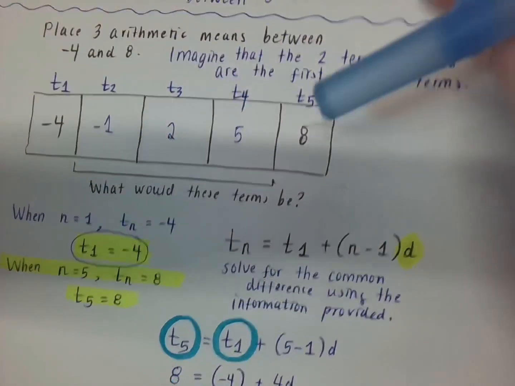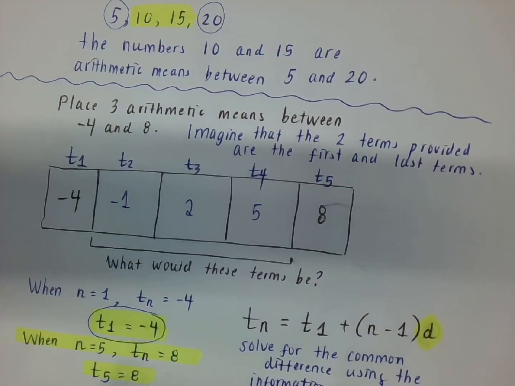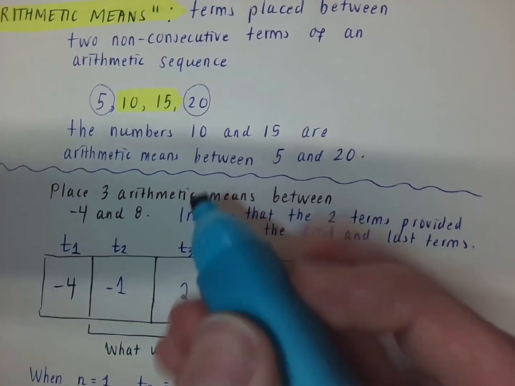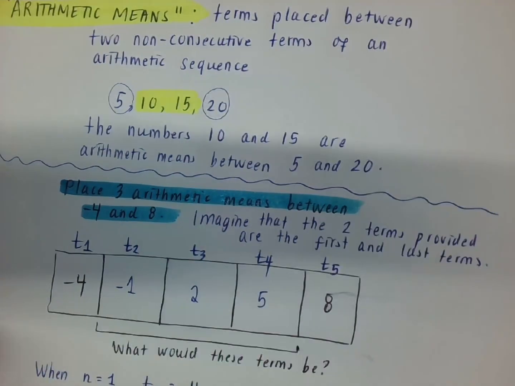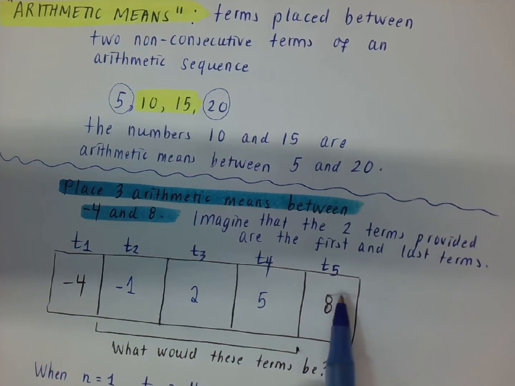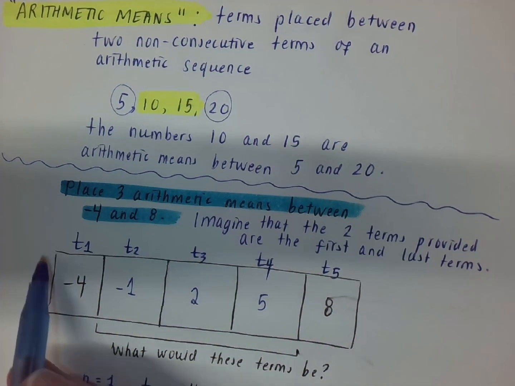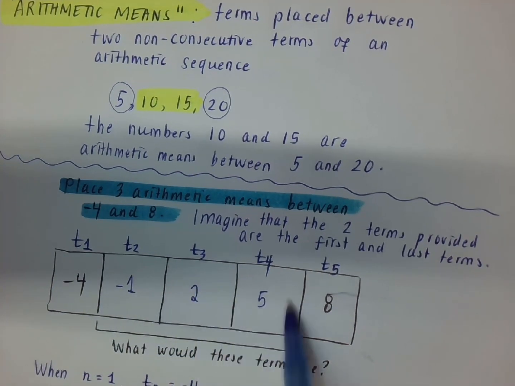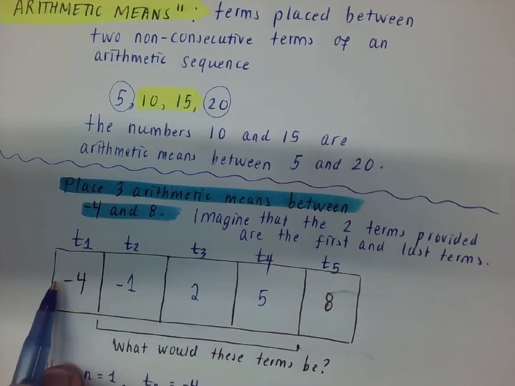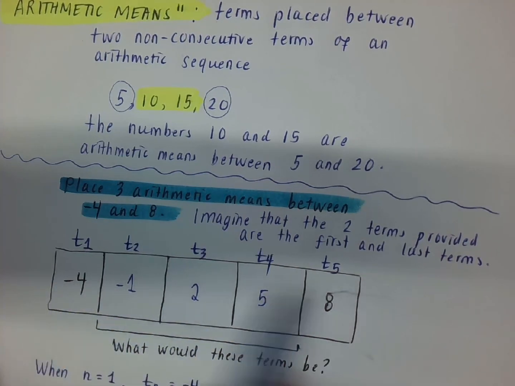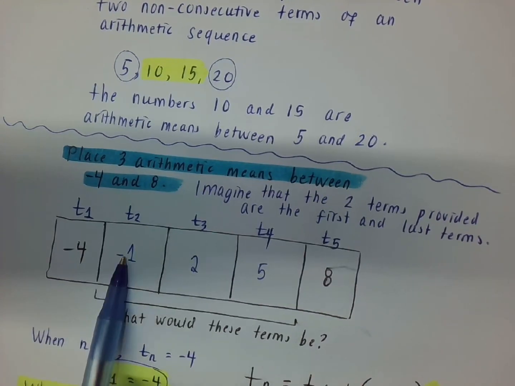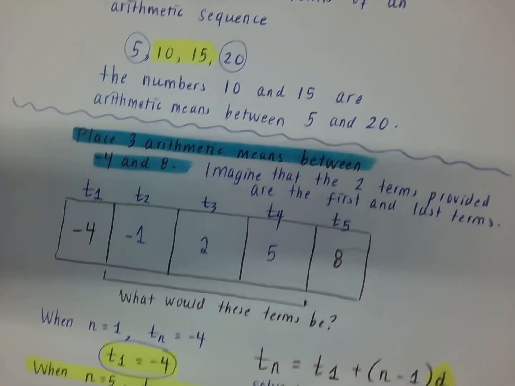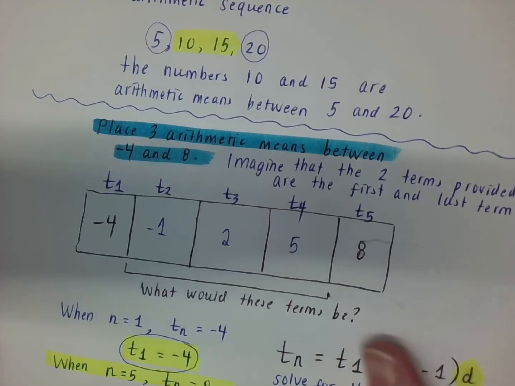So when it says place 3 arithmetic means between -4 and 8, it's asking, can you determine what these terms would be in between -4 and 8, if this were an arithmetic sequence with 3 terms between those numbers. That's one way of doing it.